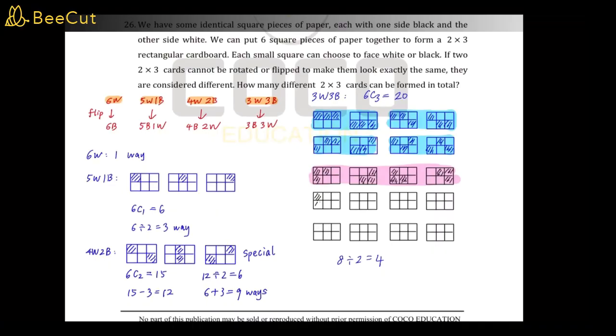Next, you can put two here, put one here. Okay, if we rotate, it becomes like this. Then if you flip it, it becomes like this.